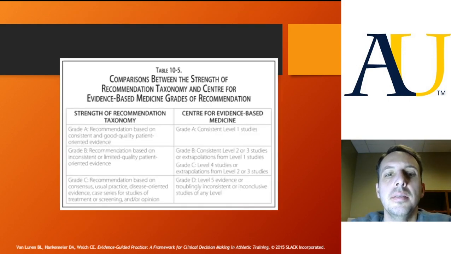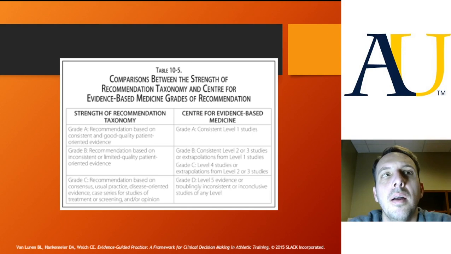So lastly, to discuss the comparisons between the SORT and CEBM recommendations, you can see there's a decent amount of overlap. Level 1 studies are fairly consistent between each one, where level 1 studies for the SORT and the CEBM are usually about the same as far as methodological quality, as well as their patient focus.